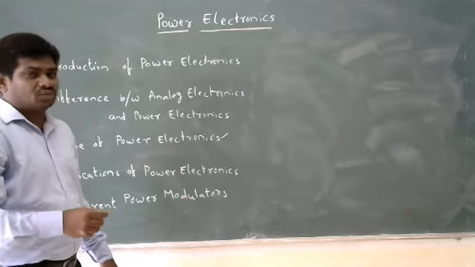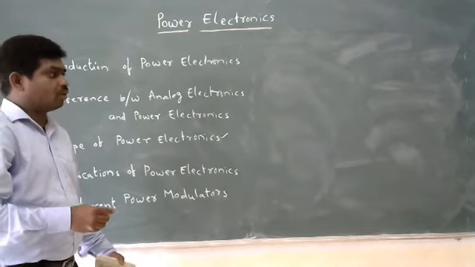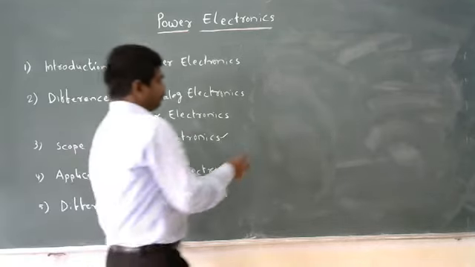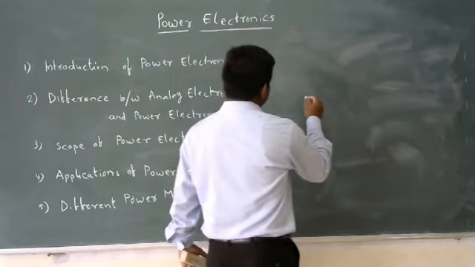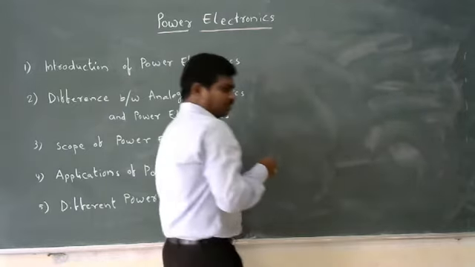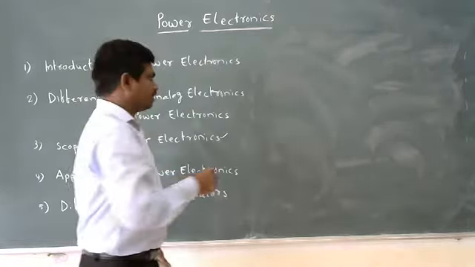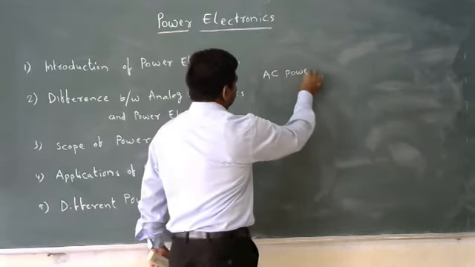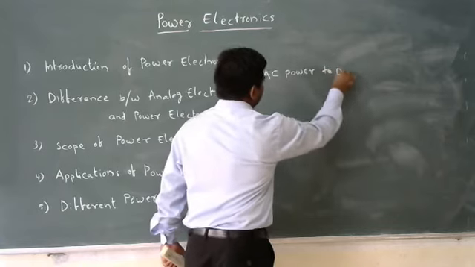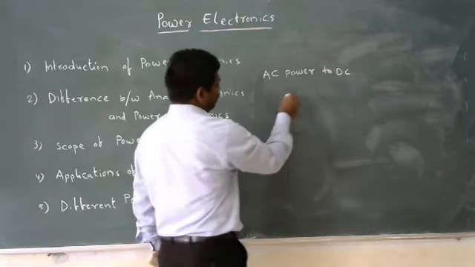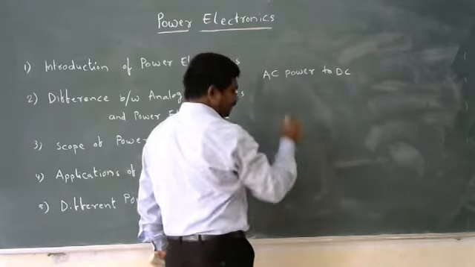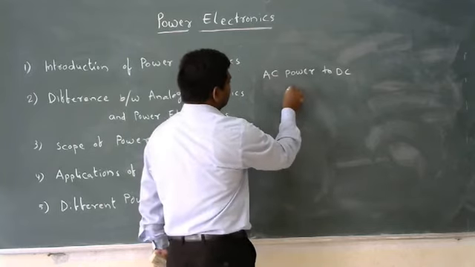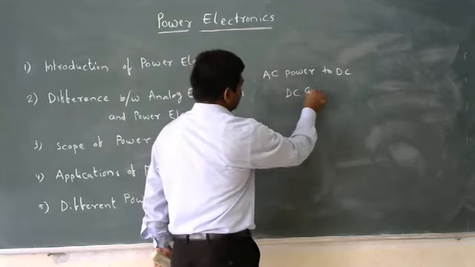In the initial days, we used ancient methods. Suppose you want to convert AC power into DC power. In olden days, generally we directly generated the DC power by using a DC generator.